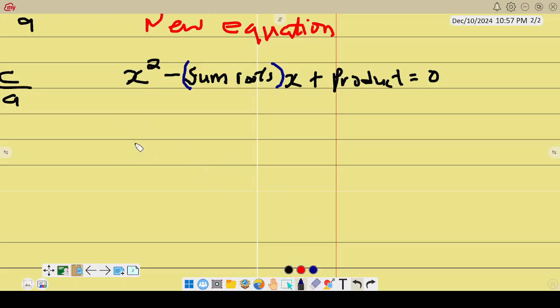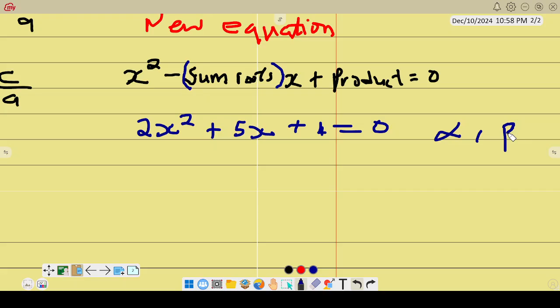Let me even give you a baby example. If we have 2x squared plus 5x plus 4 is equal to 0, and we want to find the new equation, they just tell you that the roots are alpha and beta.